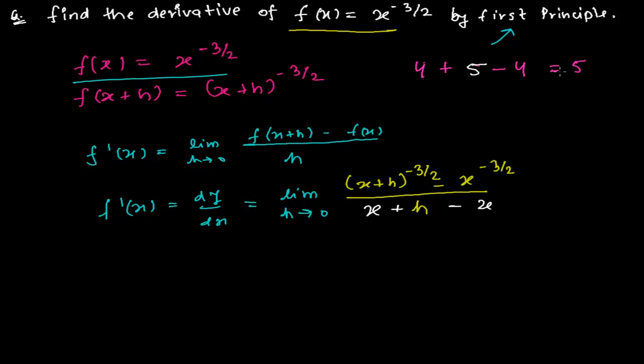So adding and subtracting the same thing from a particular value gives the same value. Suppose it was 10 and I subtract 2 and again add 2, then it will not change the value. So I added x and I also subtracted x here.